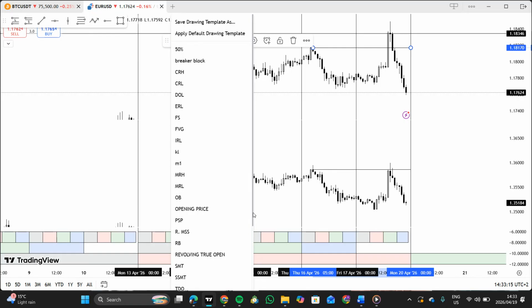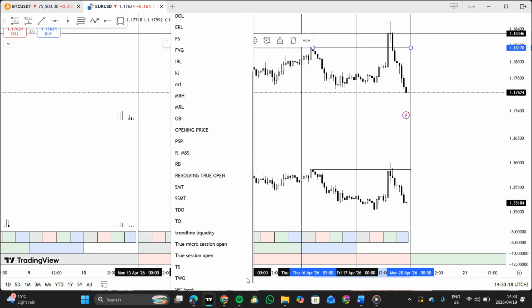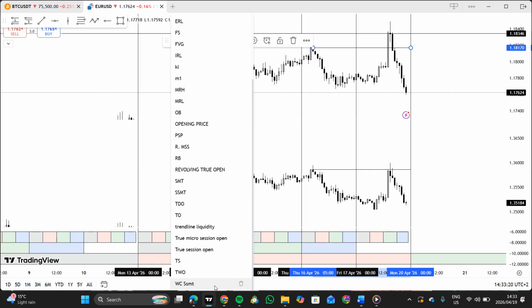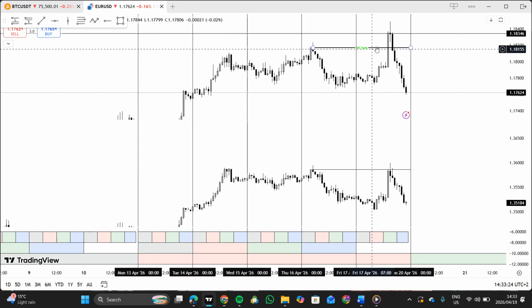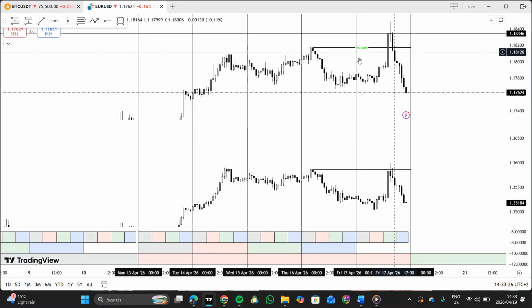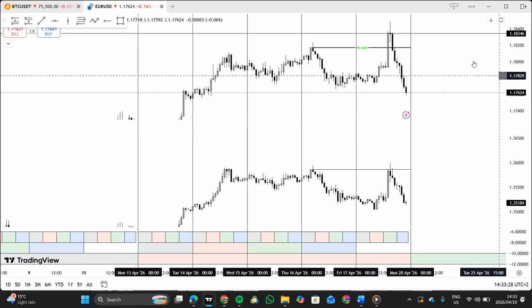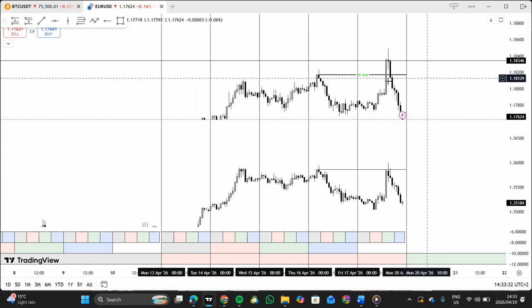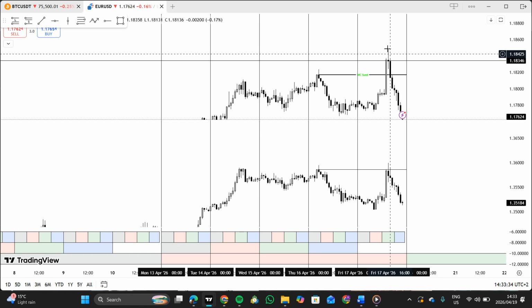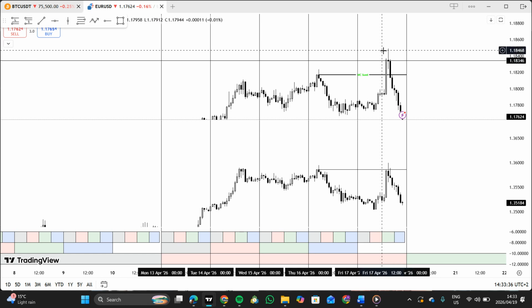Let's find it over here. We had our weekly sequential SMT right over there. Once we had our weekly sequential SMT, we want to see why the market stopped right over there.